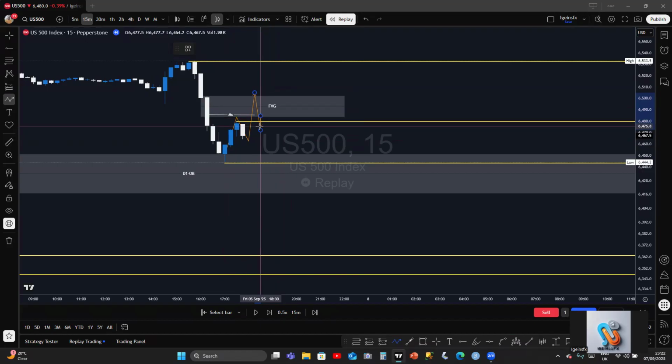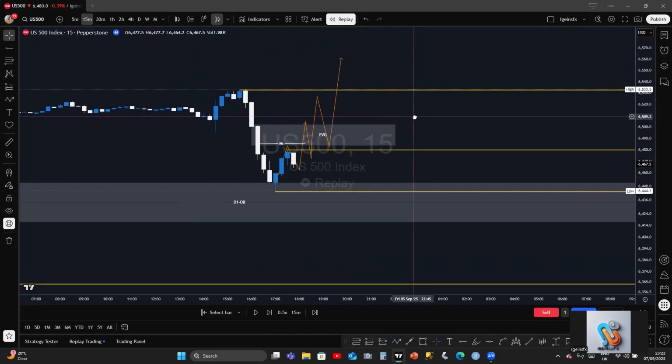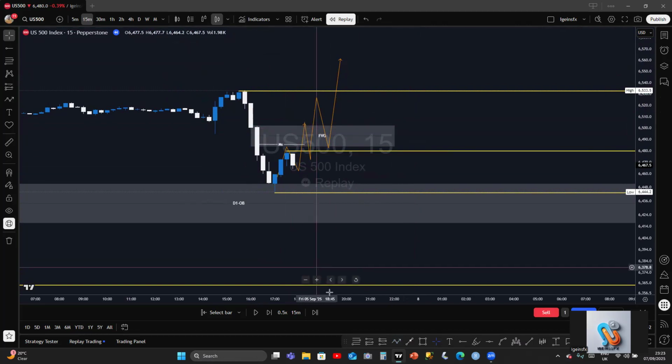Or better still, you wait for price to give you a break of structure. Then when it comes back to test the neckline again, that is your entry. Once you start seeing a reaction, that is your entry for you to start pushing the market up.